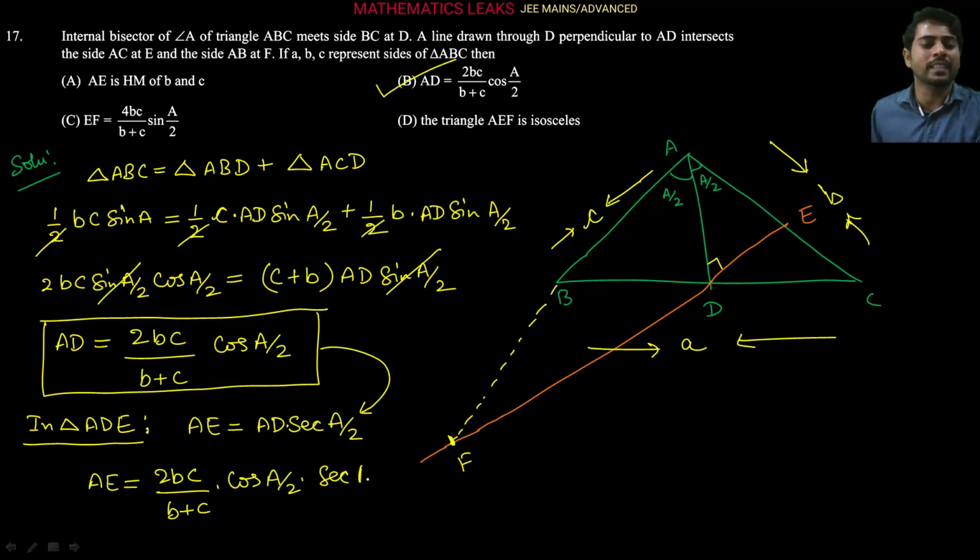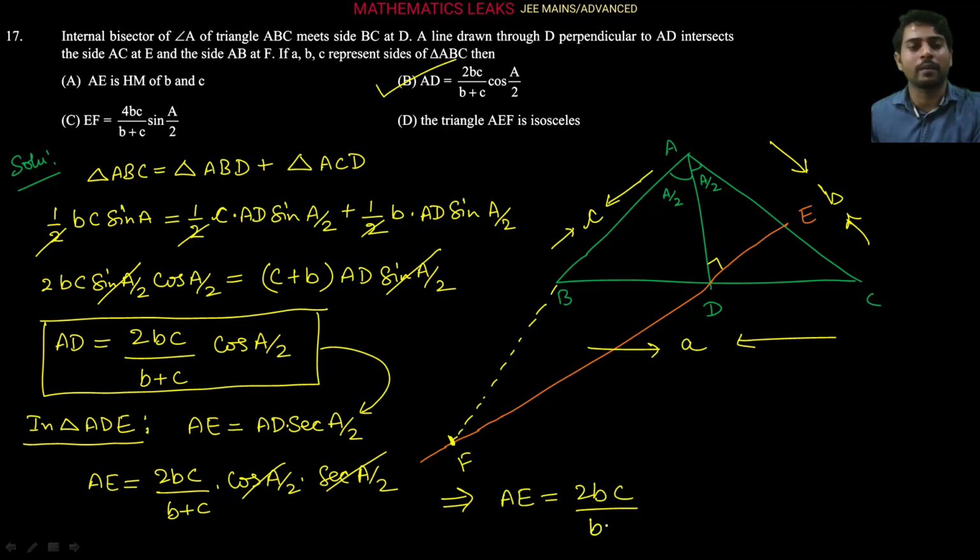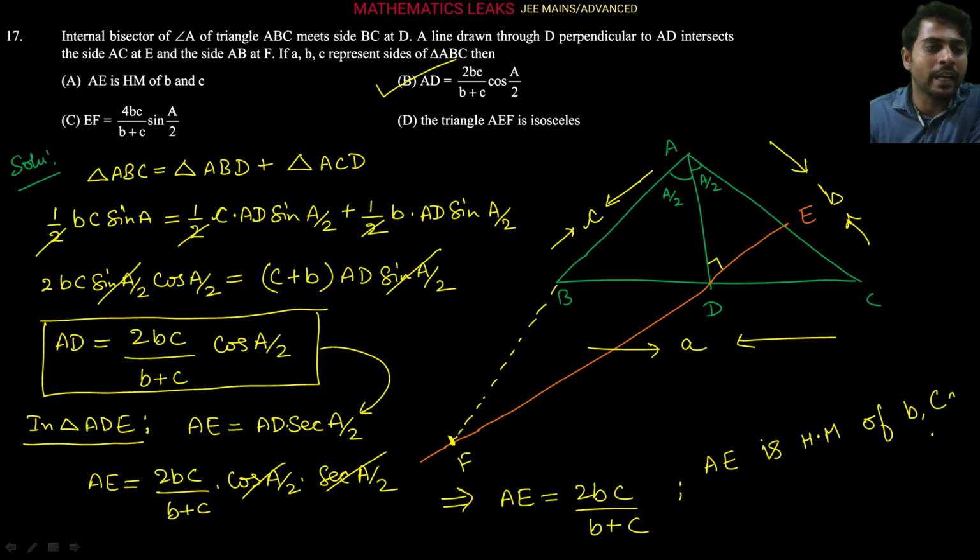So cos and secant are reciprocals of each other, so they will get cancelled in the product. So we get AE is equal to 2 BC upon B plus C. It means AE is the harmonic mean. So we can say AE is the HM, or harmonic mean, of the sides B and C, right? So our option A is also correct.